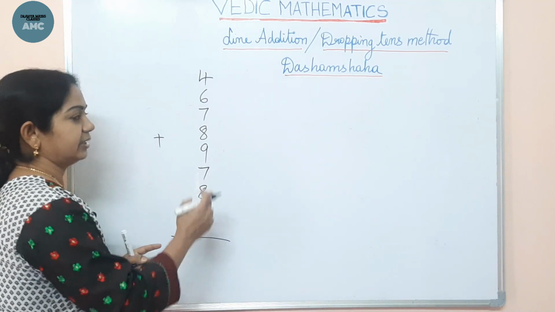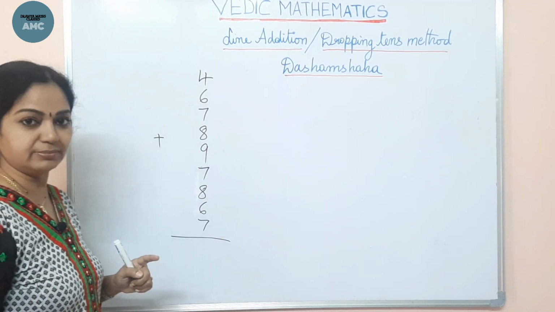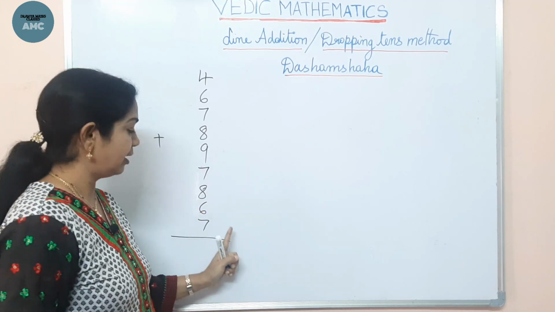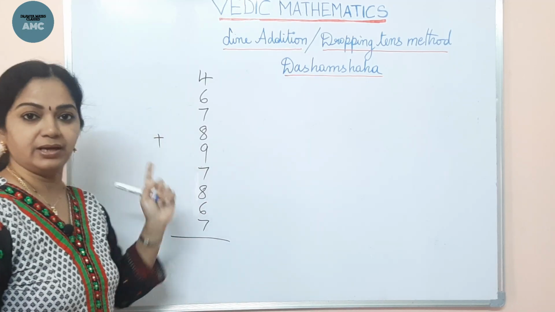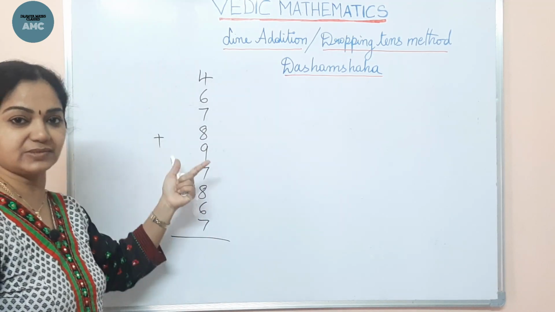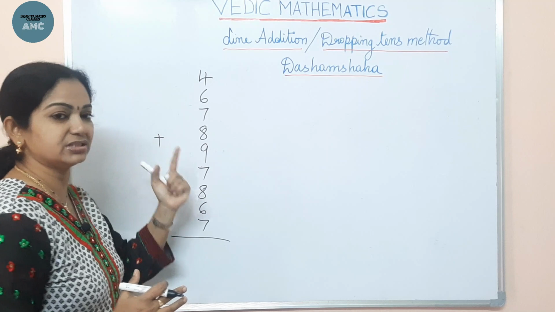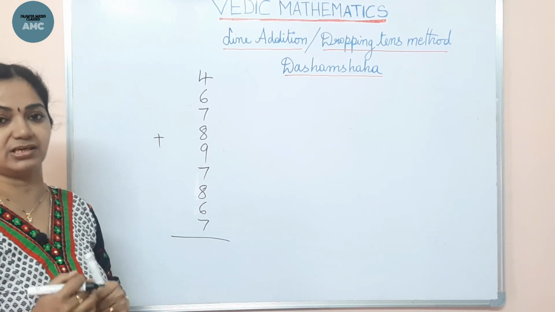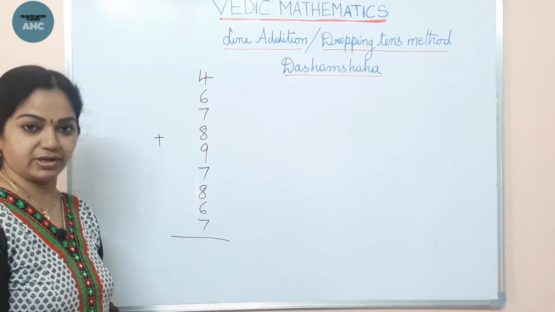Now here in additions we do from top to bottom, but here in Vedic maths, we are going to do from the bottom to the top. Now let's get started. Now I will do this without explaining you the method. I will do this, just calculate the time. Just calculate how much time it is taking for us compared to the conventional method.